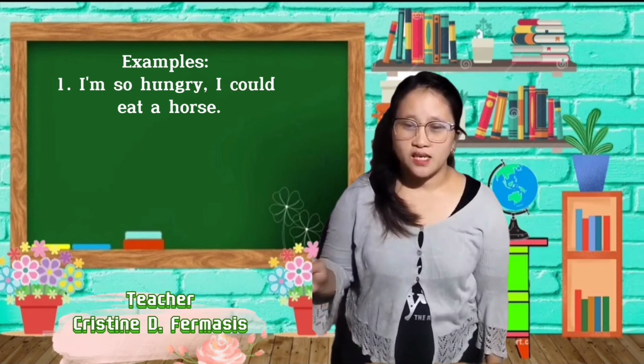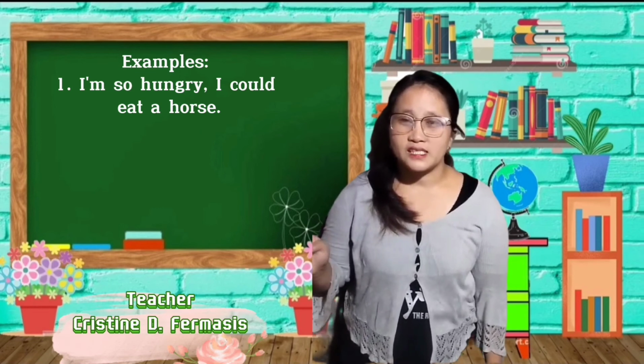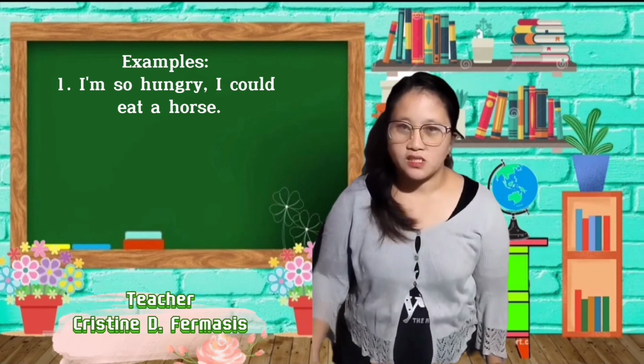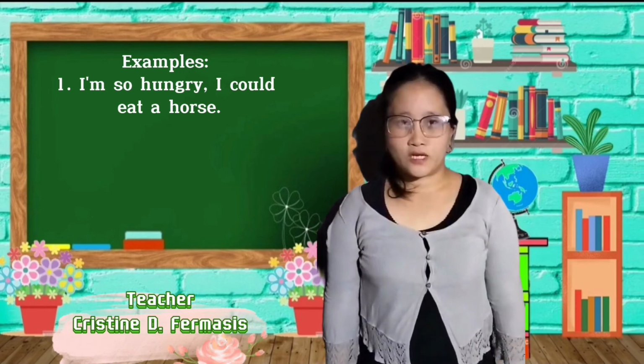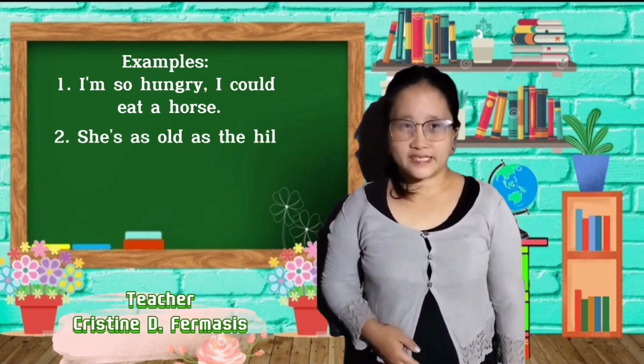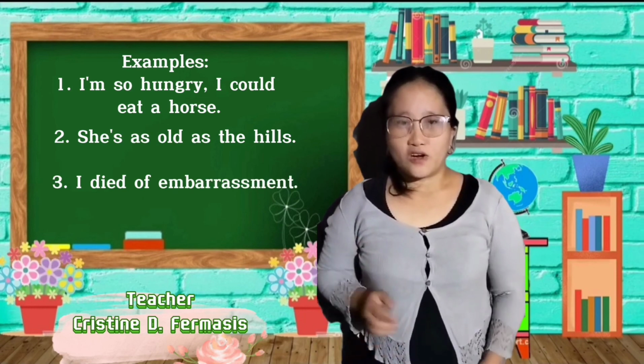So in this sentence, I use exaggerated statements to emphasize a point and to make something sound much bigger and more persuasive. Example number 2. She's as old as the hills. And the last one, I died of embarrassment.